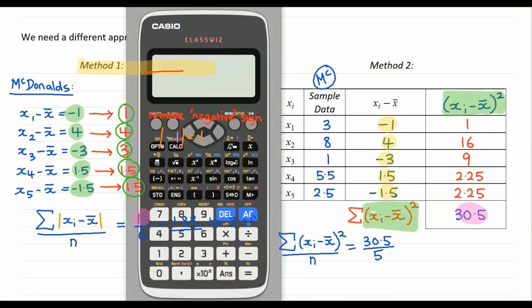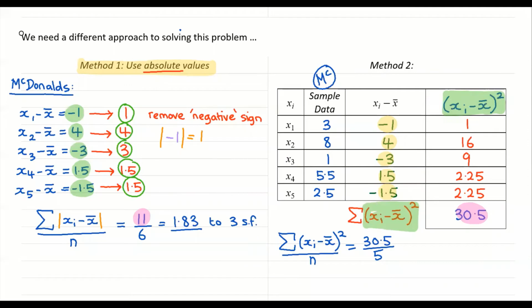If I do 30.5 and divide that by 5, I get 61 over 10, which in other words is 6.1. So this is 6.1 exactly. And that doesn't even need to be rounded, because obviously we're dividing 30.5 by 5.